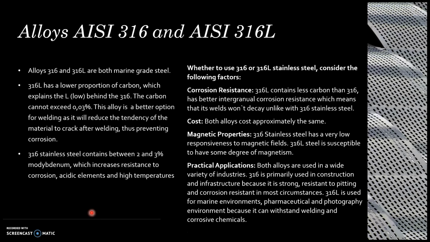This alloy is a better option for welding as it will reduce the tendency of the material to crack after welding, thus preventing corrosion. 316 stainless steel contains between 2 and 3% molybdenum, which increases resistance to corrosion, acidic elements, and high temperatures.